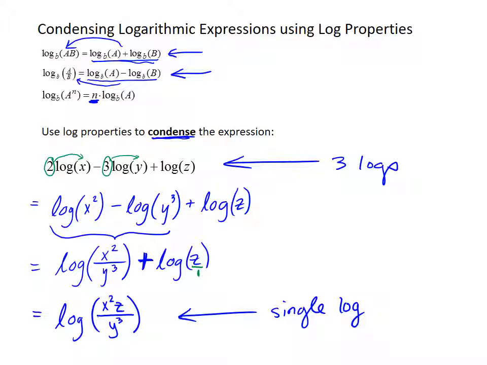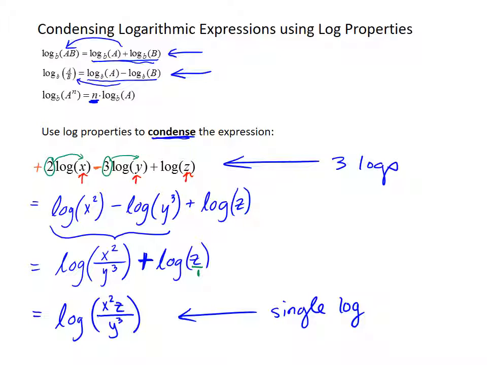The other thing I want to point out here is that you can predict where your inputs are going to end up if you look at the sign in front of the log. The sign in front of this first log was a positive, so our x, which was the input of that log, is in the top of our final result. The next log had a minus.